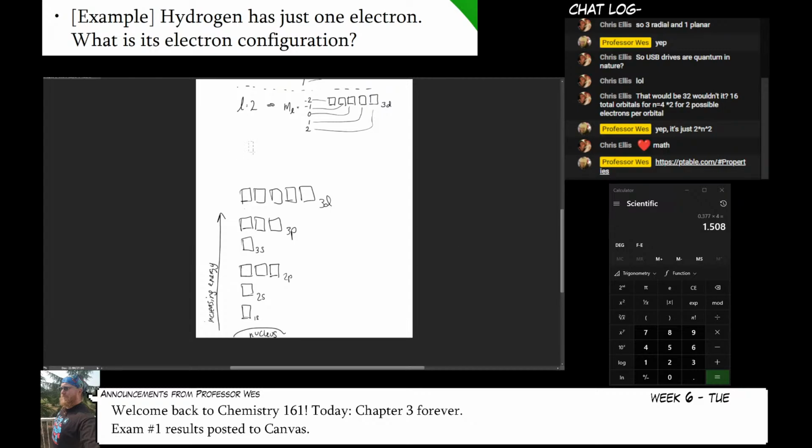Here's my electron, which I'm going to represent as this sort of curved arrow. The direction of the arrow is going to represent its spin. So this is going to be spin up. And if I draw it like this, that's spin down.